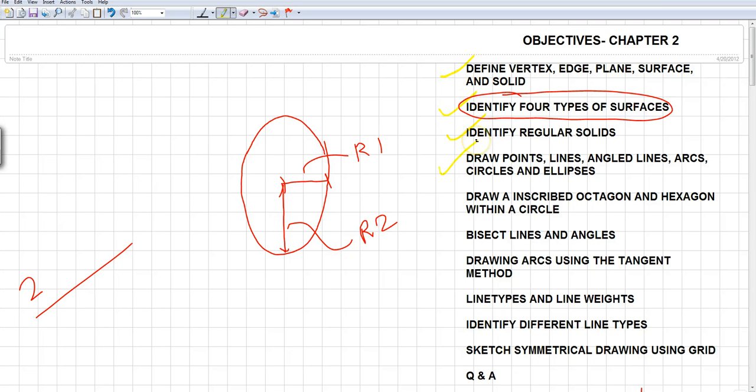We drew points, lines, arcs, circles, ellipses. We drew an inscribed octagon and a hexagon within a circle. Bisected lines and angles. Drew arcs using the tangent method. Line types, line weights. Identified different line types. We did the symmetrical sketch, and the last one left is Q&A.